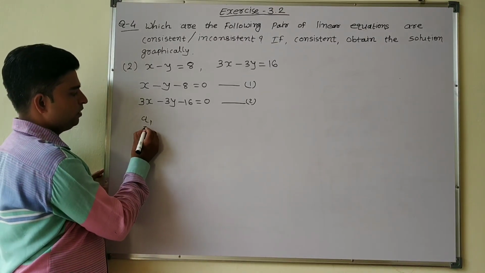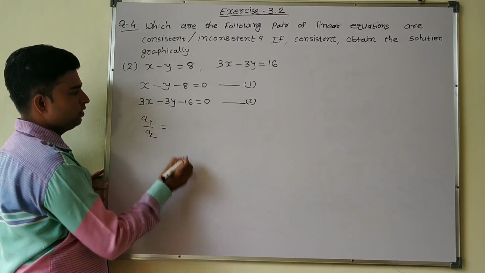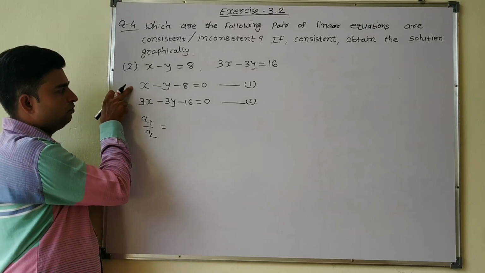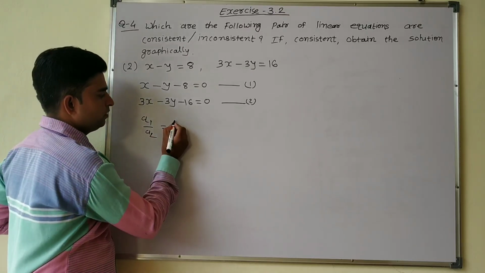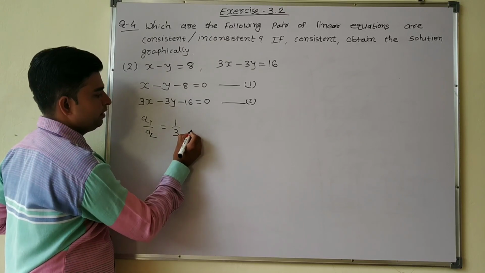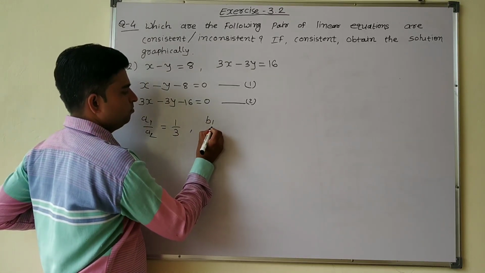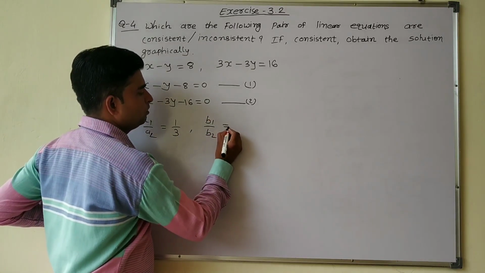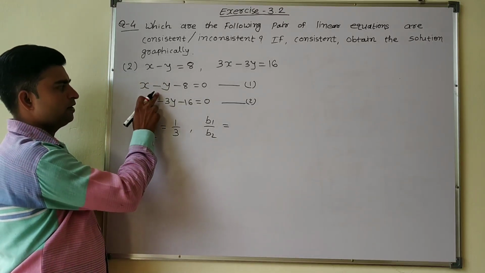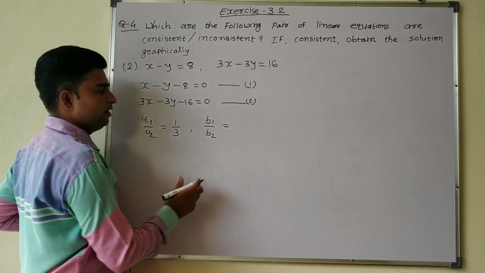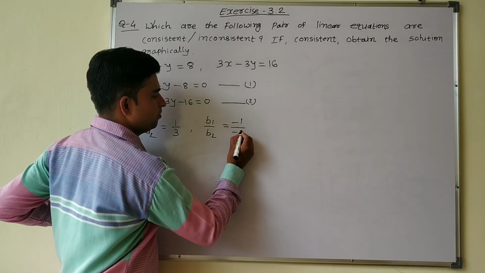The first ratio A1 upon A2 is equal to, from here A1 is 1 and A2 is 3, so 1 upon 3. Now the second ratio B1 upon B2. From here B1 is minus 1 and B2 is minus 3, so minus 1 upon minus 3.